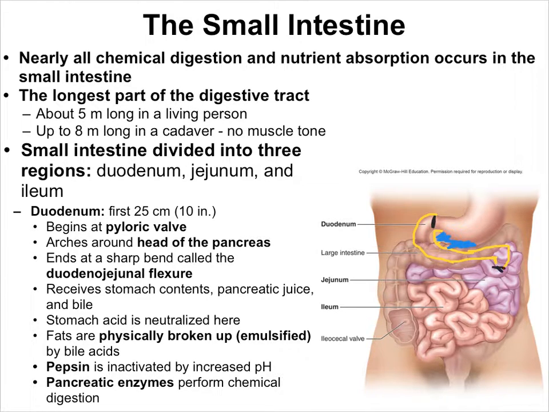That's that last bend. The duodenum is where chyme enters from the stomach and first begins to be mixed with pancreatic secretions.